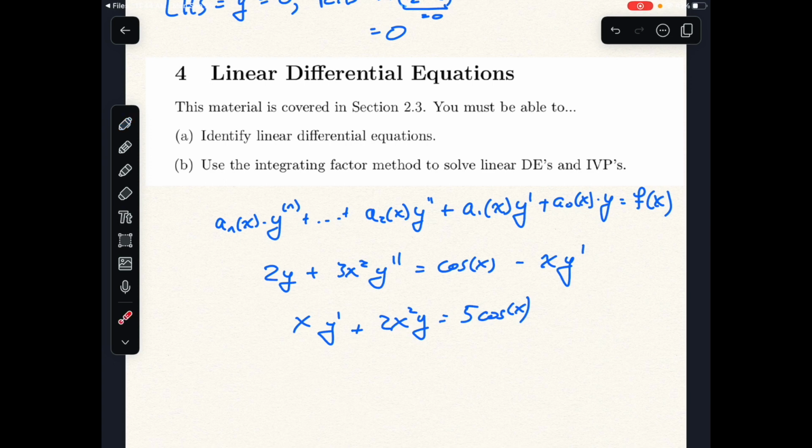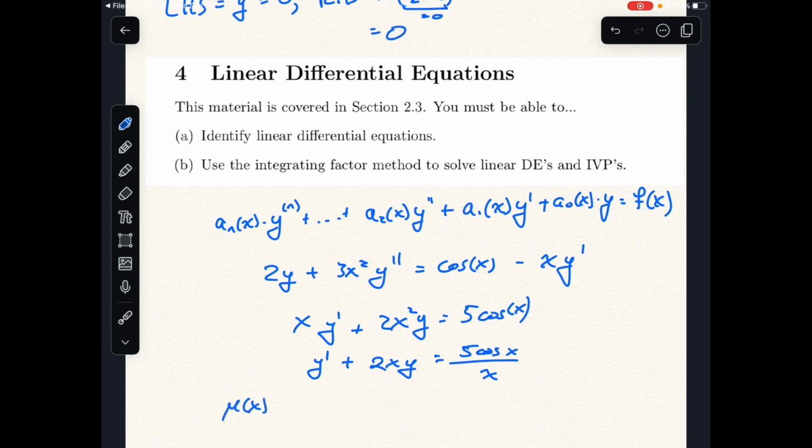So if you want to solve a first order linear DE, you first normalize it, so make sure your y prime term doesn't have anything in front of it. So you'd have y prime plus 2x times y is equal to 5 cosine x all over x. We're just dividing everything on both sides of the equation by x.